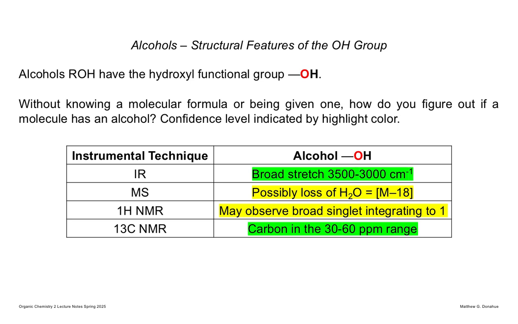So how do we know the OH group is there using the data that we've learned? IR really is the best technique to show us the presence of the OH group. It has that nice broad stretch in region 1, and the broadness is due to hydrogen bonding.